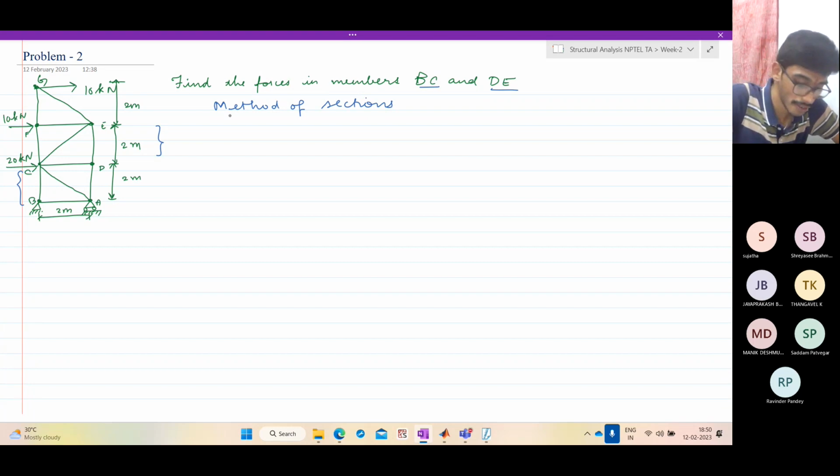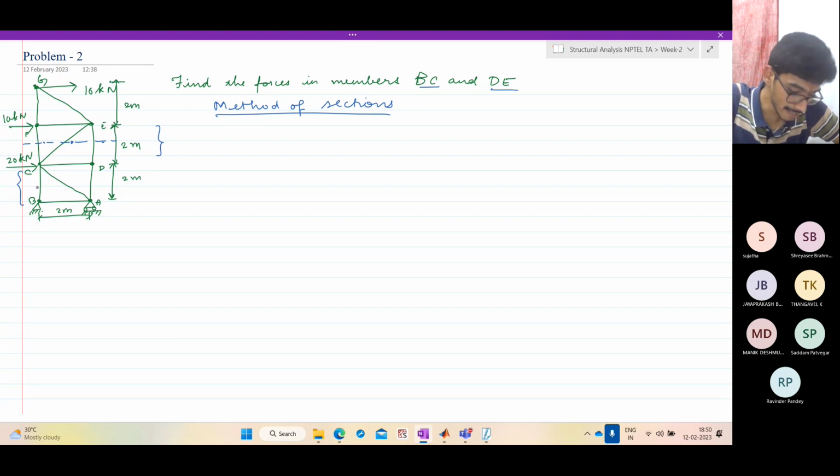So here we can make a cut. The DE is exposed and we are cutting 3 members, and I will get the required force FDE.